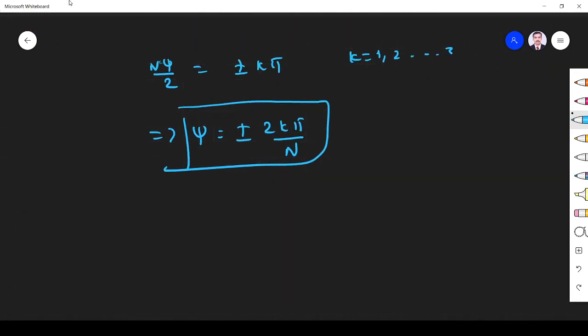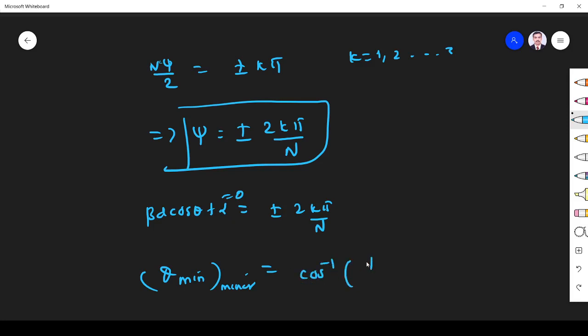Okay, fine. Now we know that psi is equal to beta d cos theta plus alpha, that is equal to plus or minus 2k pi by n, right? So I want the direction of minimum radiation, theta minimum for minor lobe. That will give alpha 0 for a broadside array. I want theta only, so I bring everything this side: cos inverse of plus or minus 2k pi by n divided by beta d, where beta is 2 pi by lambda into d.